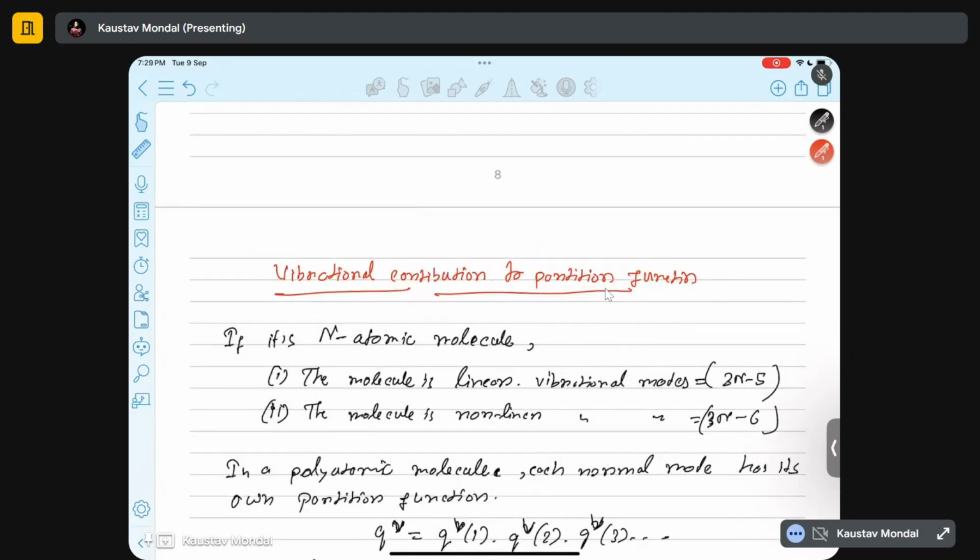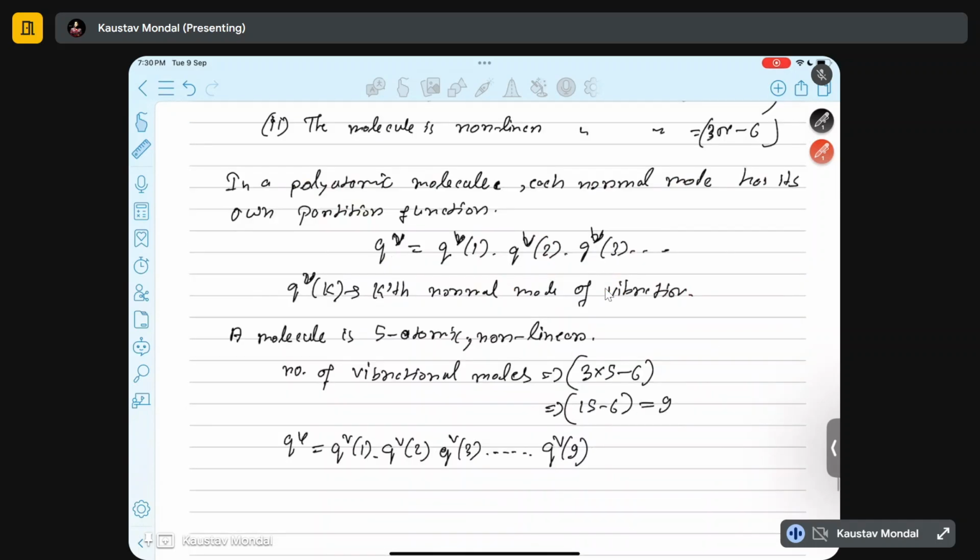Now, one more thing: each normal mode of vibration can be related to a different frequency. That means their partition functions will definitely be different.